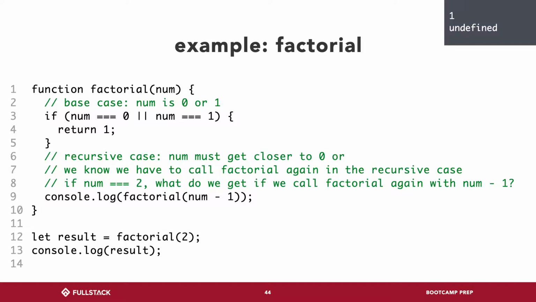So factorial of 1 does have a return value. It's 1. So once this returns, factorial of num minus 1 is now equal to the number 1. So then this console logs 1, and then this is done running. So then we could go on to 3, which is still undefined.